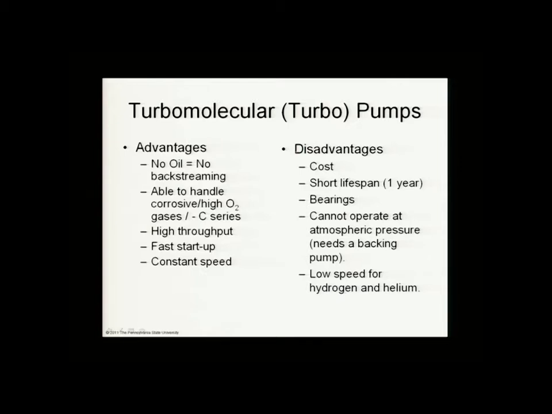Unlike a jet engine, these need, let's say, a mechanical pump to bring the pressure down, and then they can come in when the pressure has been sufficiently reduced. So they can't be used just to pump starting at atmospheric pressure, unlike a jet airliner engine. They're designed to pump at lower pressures. So you need another pump to bring the system down.